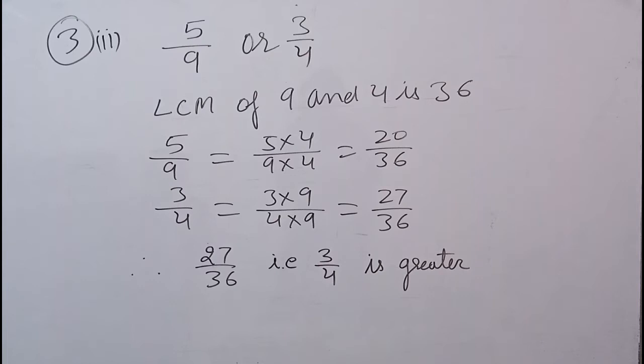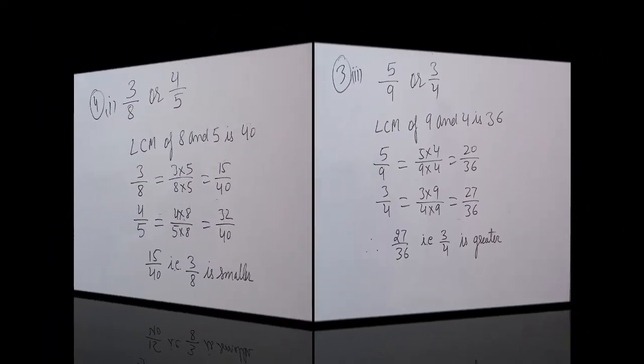We can see the numerator of the second fraction is greater than the numerator of the first fraction, that is 20 upon 36. So 27 upon 36 is greater than 20 upon 36. That means 3 upon 4 is greater than 5 upon 9. So your answer is 3 upon 4. So in that manner you can do the other parts of the question number 3.